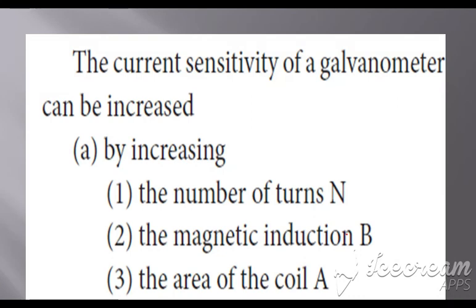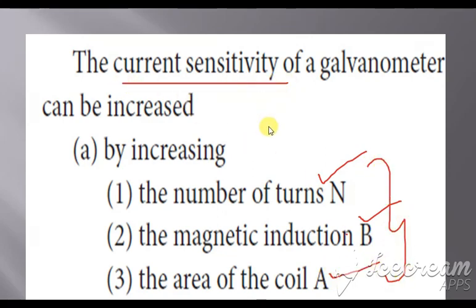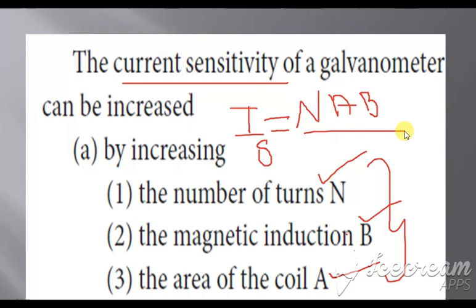Then current sensitivity can be increased. When can we increase the current sensitivity? When you increase certain terms. The terms which you increase are the number of turns, then the magnetic induction, then the area. If you increase these three, current sensitivity will increase, because current sensitivity Is is equal to NAB over the couple per unit twist. These were in the numerator, weren't they?